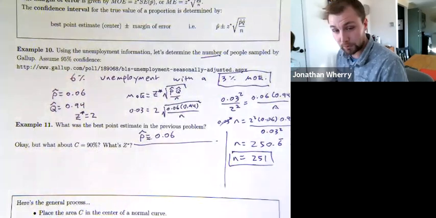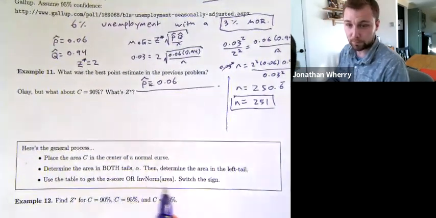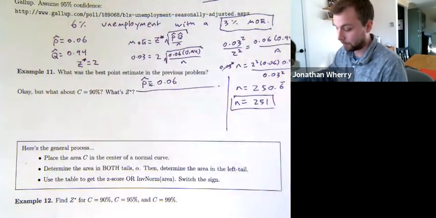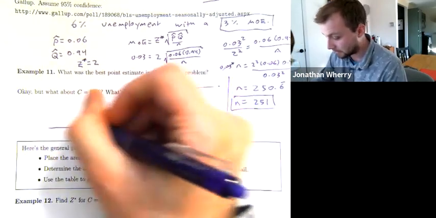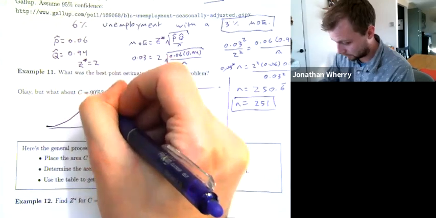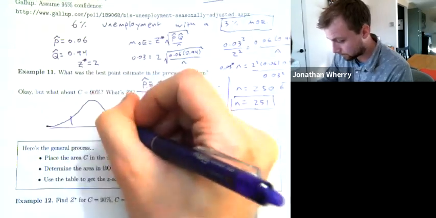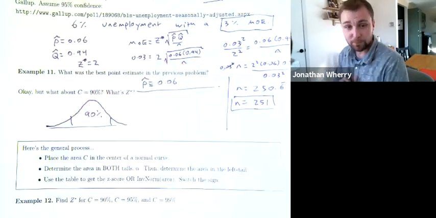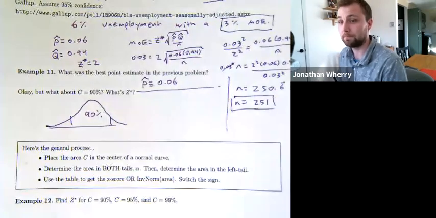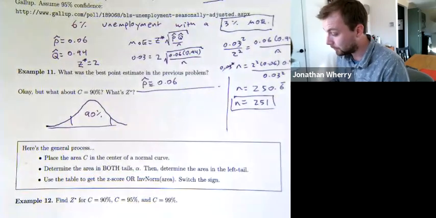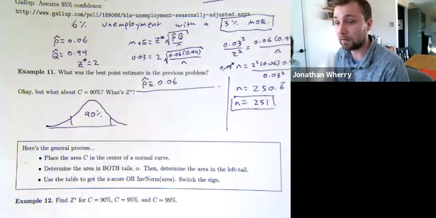Here's the process for doing that. I have it written in this paragraph below here. First step, I'm going to put C in the center of my curve. So boom, I put 90% in the center. If you'll recall, your normal table is shaded to the left.